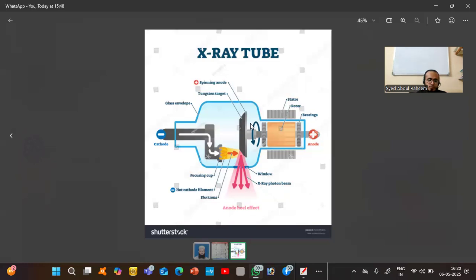Basically, the energy which is coming into this cathode, the electricity current, from that current we have 100%. In that, only 1% will convert into X-rays. Okay, 1% converts into X-rays. What about the 99%? The 99% is heat.